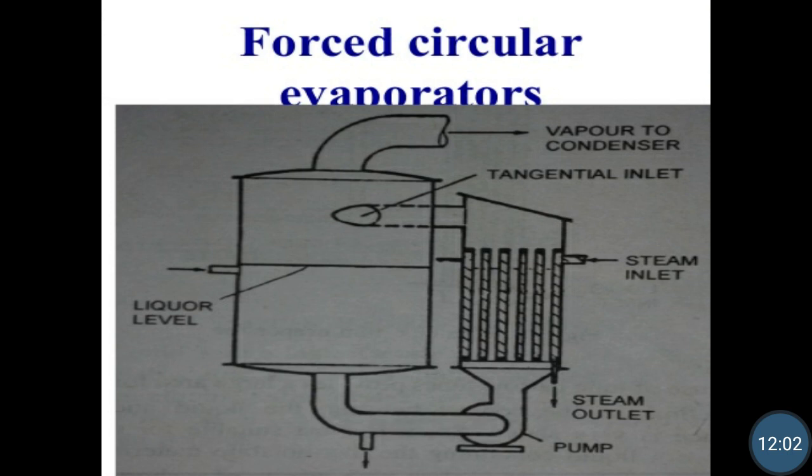In this type of evaporator, some mechanical device is fitted to circulate the contents being heated. So why is it known as forced circulation? Because the circulation of the liquid to be evaporated is forced by agitation. For example, in an evaporating pan, we can attach a propeller to agitate or stir the liquid being evaporated so that it increases the rate of evaporation.